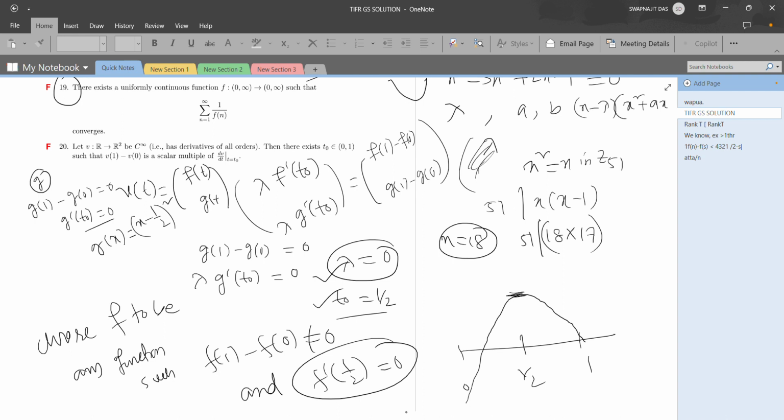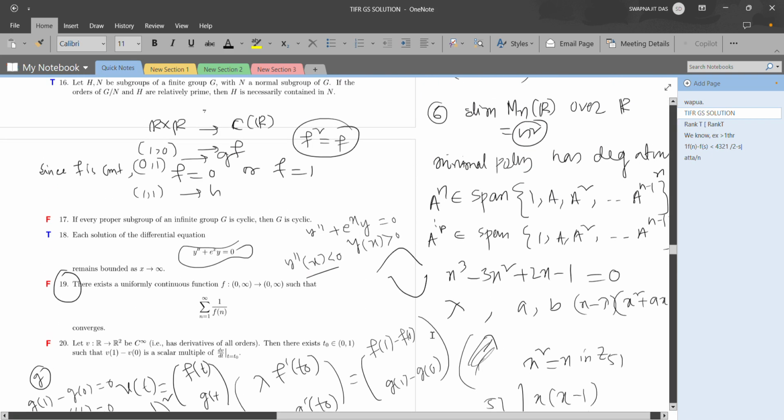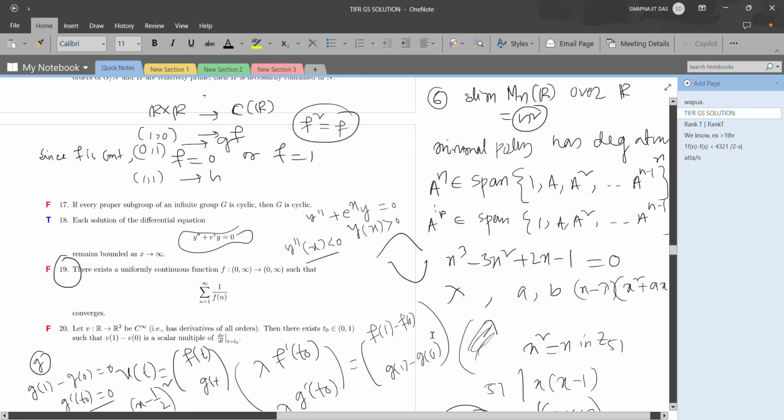So this is not true. If I choose v in such a way, with f a C infinity function, you can just do that; we already have (x minus half) squared, and I just shift it down slightly, or you can do it in a different way also. This is clearly a false statement.